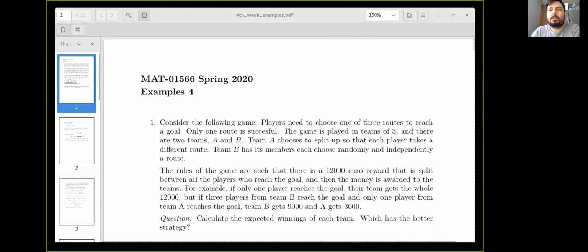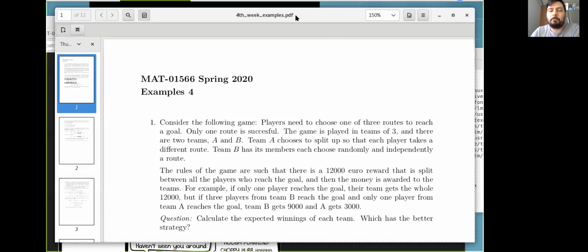Here we have this situation of a game. Players are playing this game where there are 3 routes to reach a goal. Only one of these 3 routes is successful, and the game is played by 2 teams. Each team has 3 players, and they can split the players in any way they like among these 3 routes.